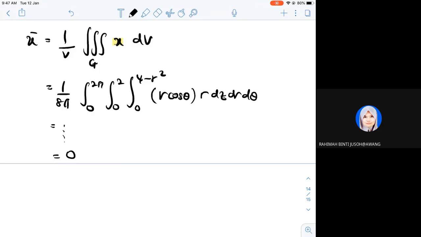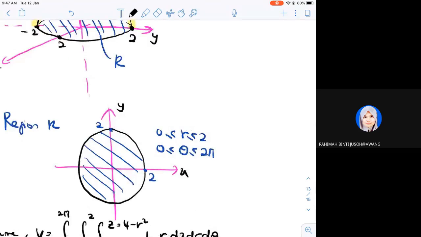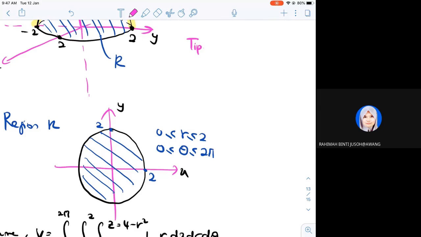Tahu kenapa? I give you tips for centroid. Okay, if you look at region R, kalau dia symmetric about x-axis, means y bar equals to 0.